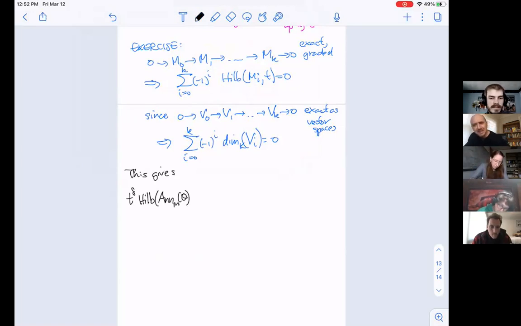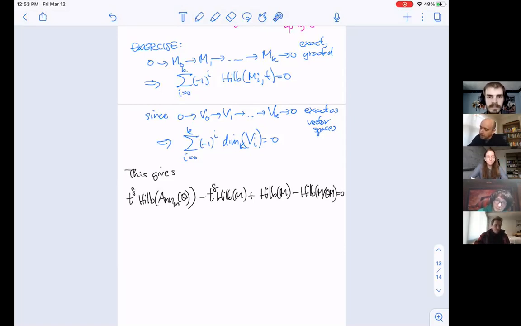I'm leaving out the T's in my Hilbert series. There's a T in all of them. Minus, the next one is T to the delta times the Hilbert series of M. Plus, the next one is just Hilbert series of M without a shift. Minus, the last one is the M mod theta. Equals 0, right?